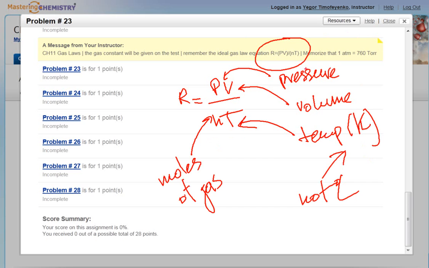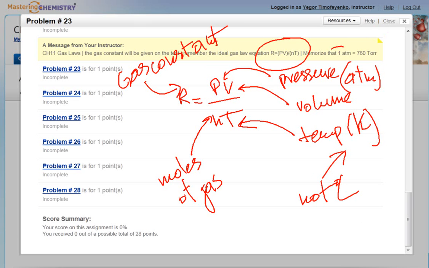Pressure is in atmospheres. R is a gas constant, and it will be given to you on the exam. One thing you need to memorize is that 1 atmosphere is 760 torr. Torr is the same thing as millimeters of Hg, mercury.